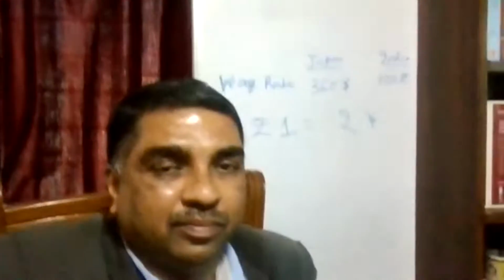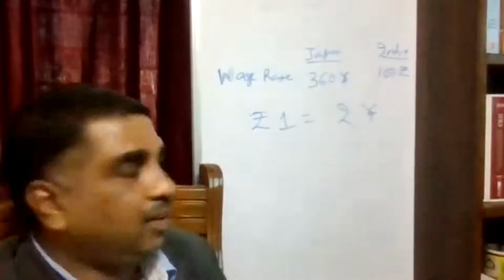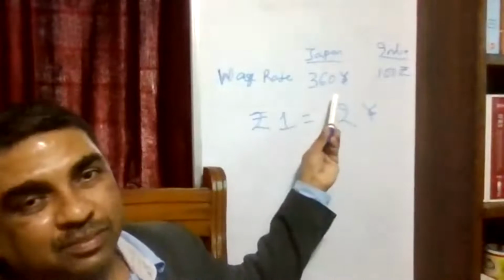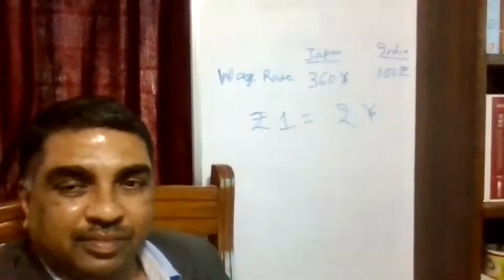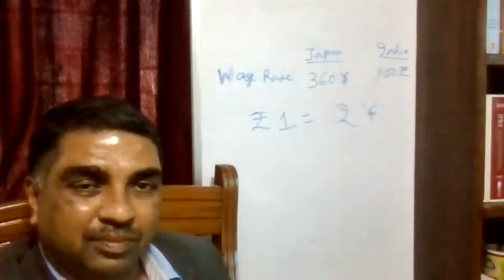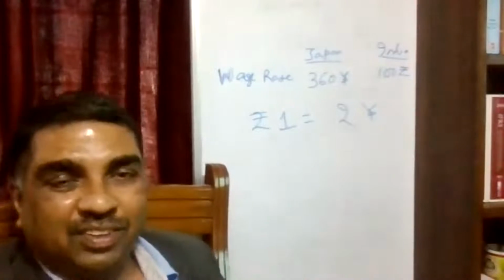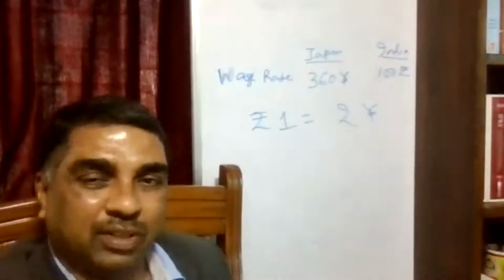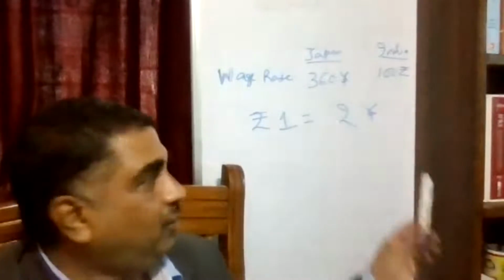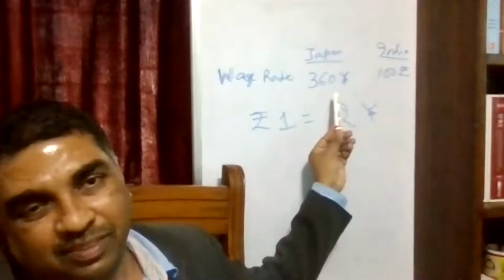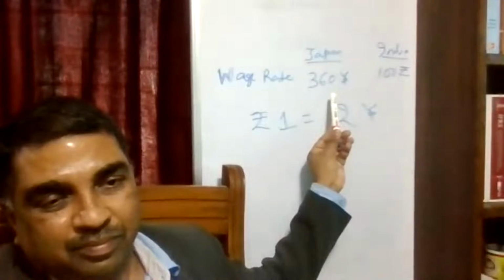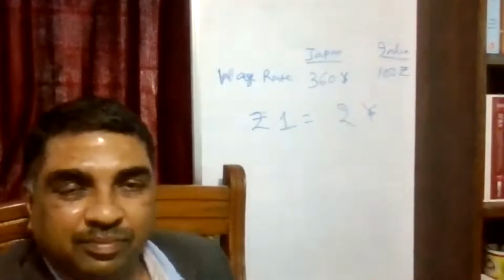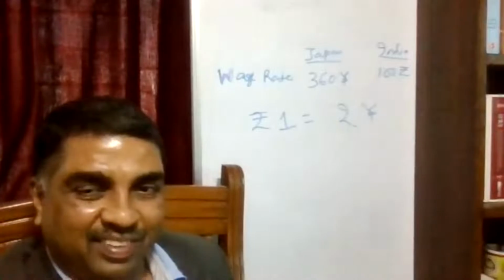Are you able to see it now? So wage rate in Japan, how much? If a Japanese laborer works for a day, he will be getting how much? 360 yen.